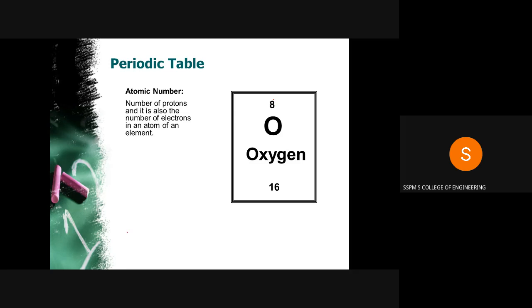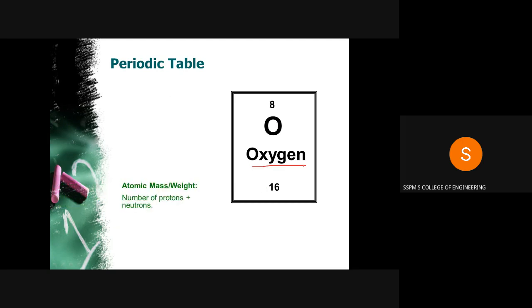It contains the number of protons and the number of electrons, whereas the element symbol is O and the element name is oxygen. Atomic mass is 16, which contains the number of protons and neutrons.